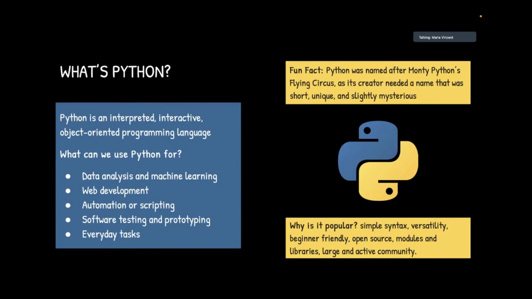It can be used for data analysis, machine learning, to develop websites, to develop automated scripts that just run through rows and rows of numbers. Python's also used to create prototypes of software and to test it, and for general everyday tasks, to make some amount of processing and system operations a little easier.